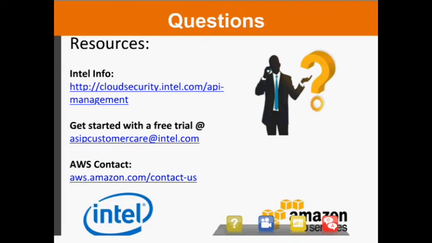Great. Thanks, Travis. The next question, and I will point this back to Intel, is if I launch APIs in your Express API Manager in AWS, can I use it to manage my APIs on-premise, across my own data center?